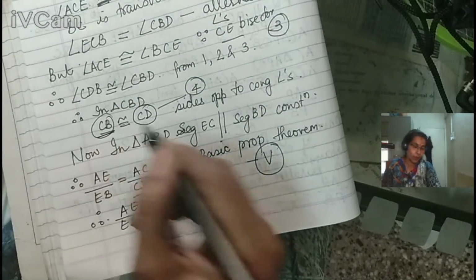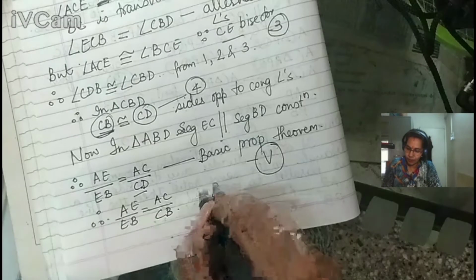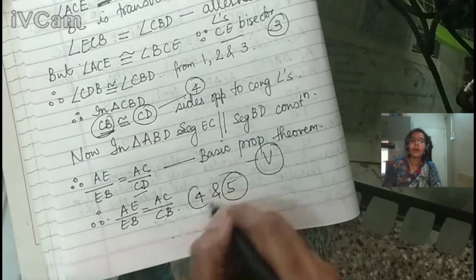Instead of CD, I can state as CB. Thus we have proved from statement number 4 and statement number 5.